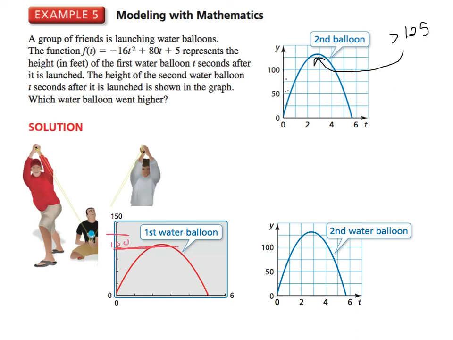This is 125. You will notice that the second one is much higher. So the second water balloon is higher than the first. So on graphs that you can just look at on a graphing calculator or Desmos, you can use those to help you answer a question.